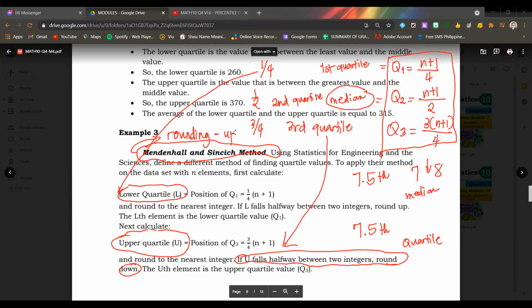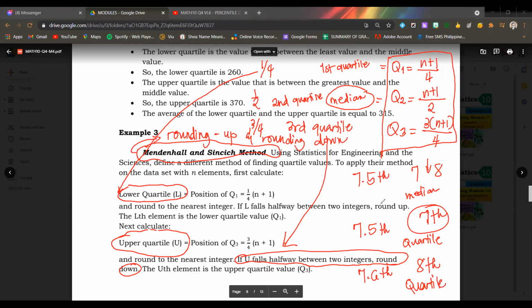Rounding up and rounding down. Paano natin ito ginagamit? Kapag 7.5 po, ibig sabihin, yung quartile mo ay nasa 7th term. Pag 7.6 po, i-round up mo, ibig sabihin 8th term. Ganon po kapag quartile. Okay?